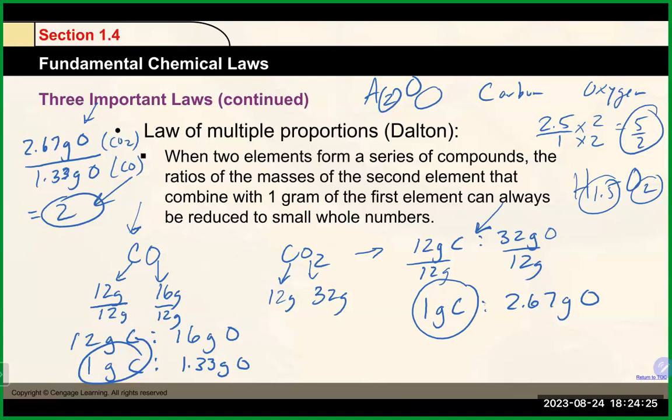But sometimes it could be an experimental problem, where they say experimentally they found this and this. When you do this division to compare the same element in the different compounds, you may not hit a whole number, mathematically speaking. In those cases, you want to think about a multiple you can multiply that number by to get to a whole number.